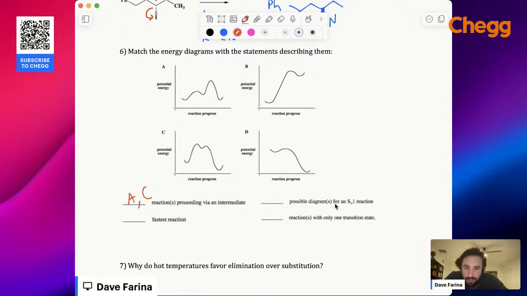Now, a possible diagram for an SN1 reaction. An SN1 is a two-step reaction. People sometimes find that a little funny, that SN1 is two steps and SN2 is one step, but the number there is referring to the transition state. The SN2 has a bimolecular transition state where the nucleophile and the leaving group are both weakly coordinated to the substrate at the same time.